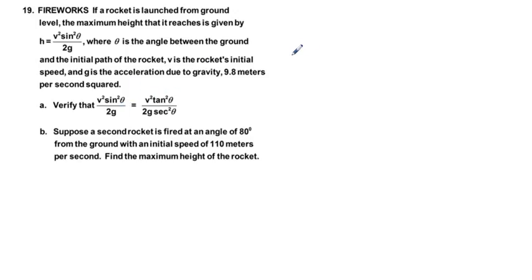So we're going to verify everything except v squared over 2g. In this case, that's going to be sine squared theta is equal to tangent squared theta over secant squared theta.